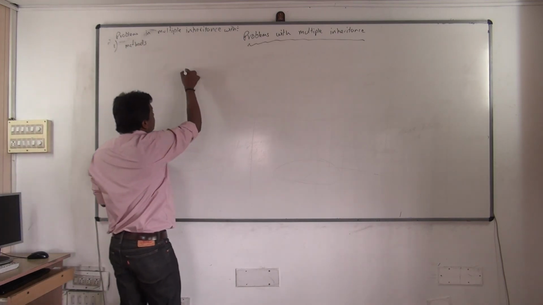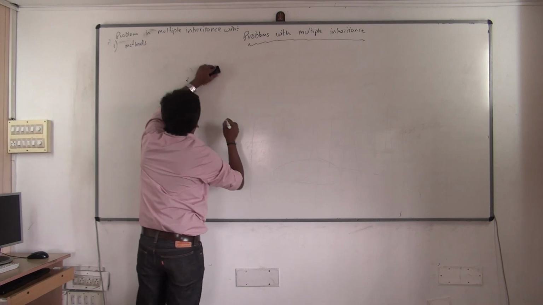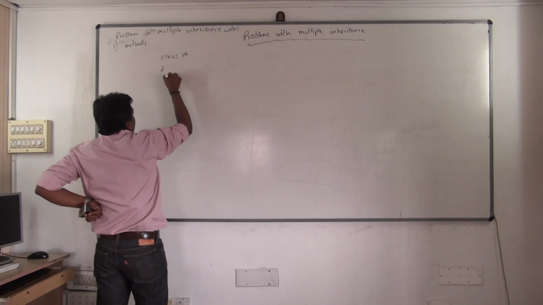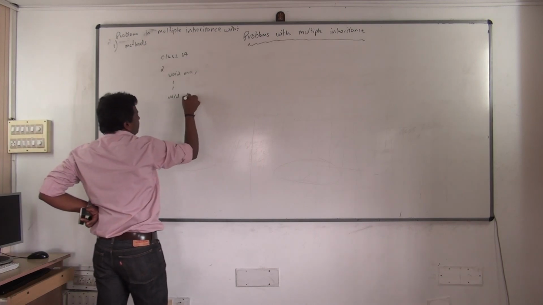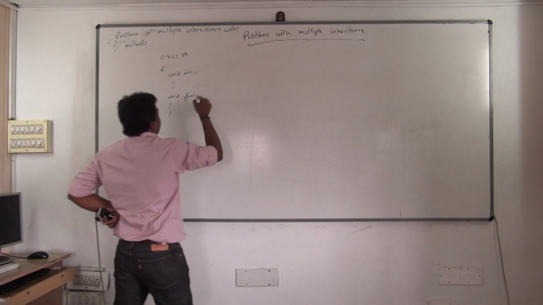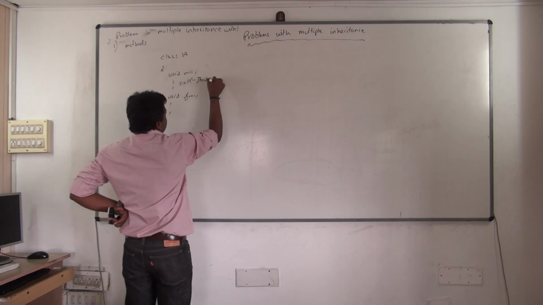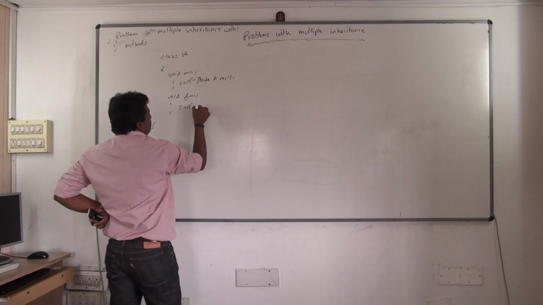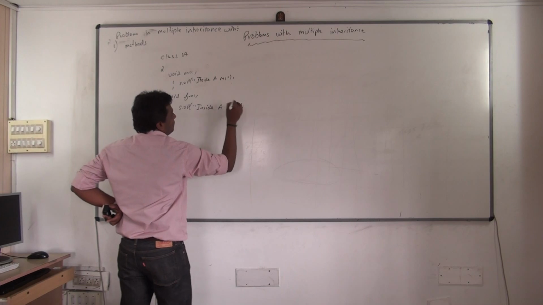See this. Supposing class A is there. Class A has void M1 and void fun. SOP A M1, SOP inside A fun.